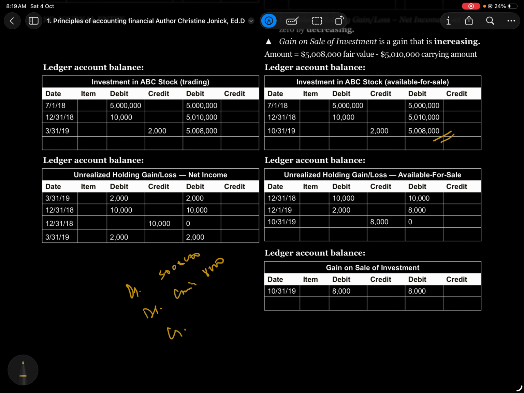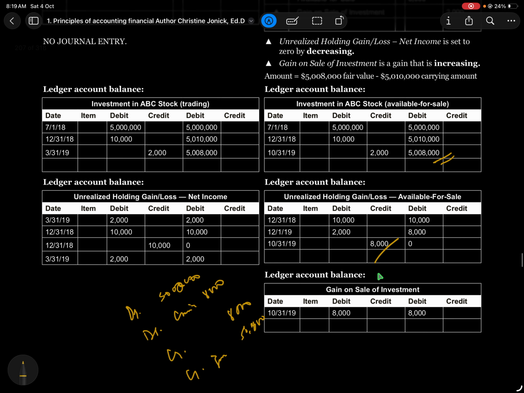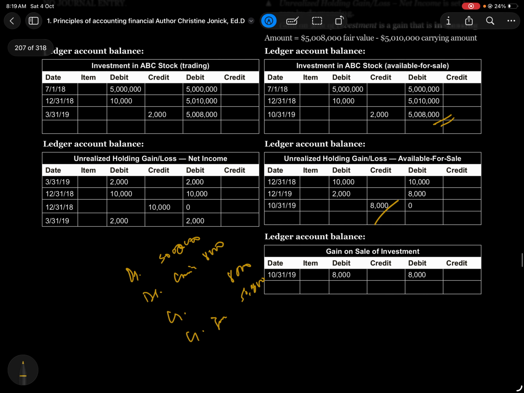And then credit your unrealized gain or loss of 8,000 as well, right? And credit your investment of 50,008. This will be zero. Okay. So first of all, you will need to take care of unrealized gain or loss, and then you will need to adjust all the losses from there, and then based on that, you move ahead.